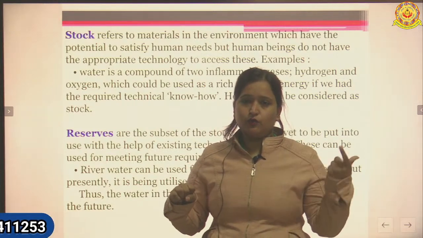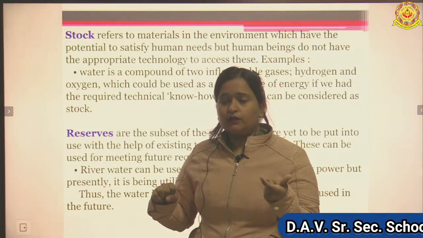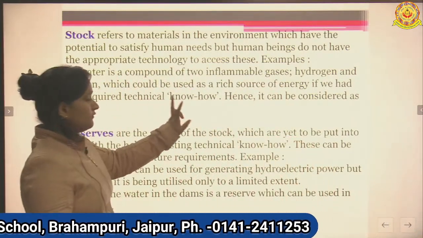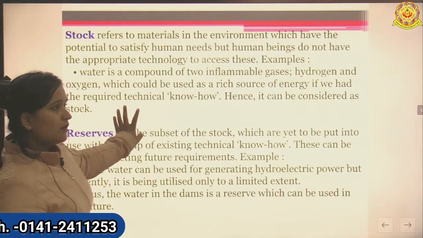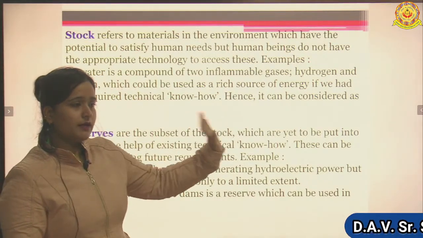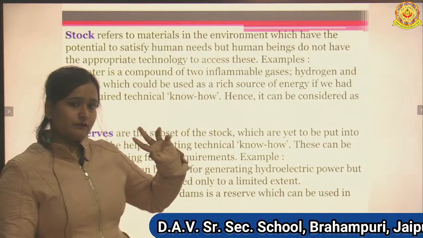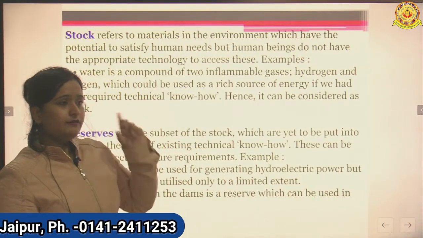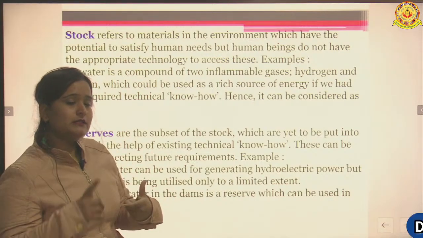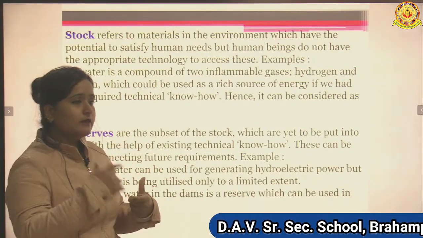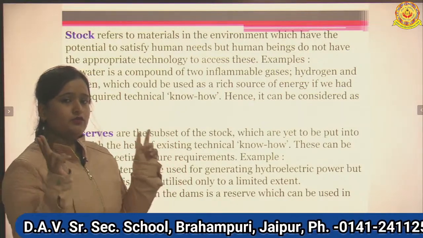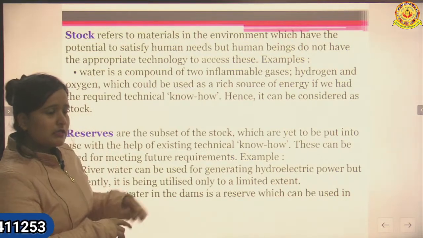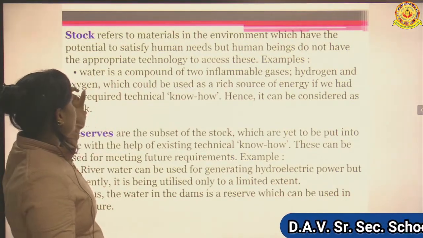Okay, H2O means two elements of hydrogen and one of oxygen. It is the combination of two inflammable gases. If we want to make hydrogen gas separate from the oxygen, then we can make it by using the water. Okay, but we are not modernized enough technologically that we can separate these two inflammable gases from water. So this is an example of stocks.